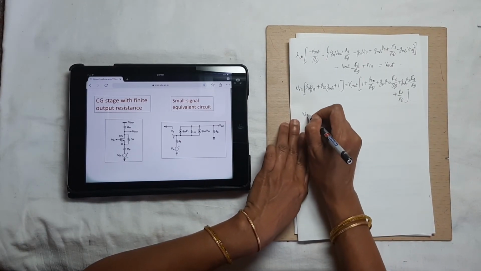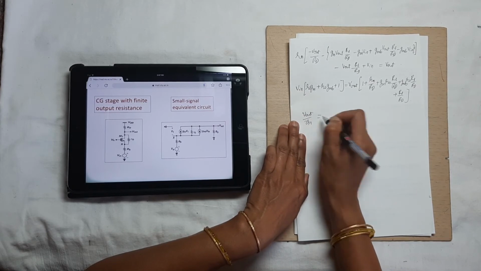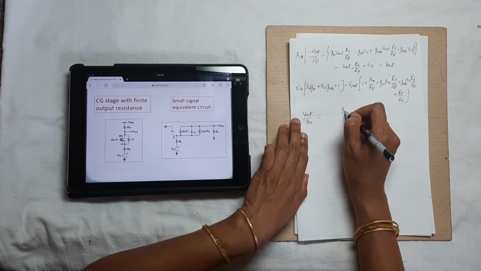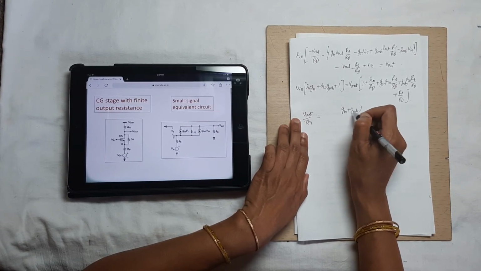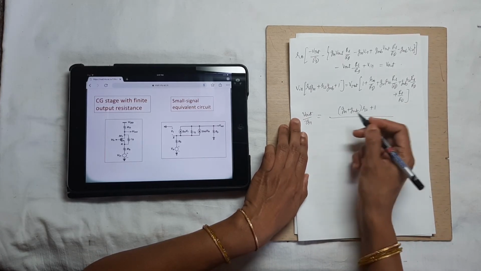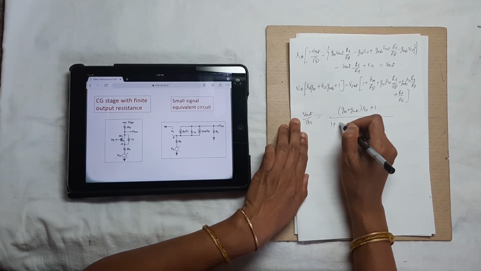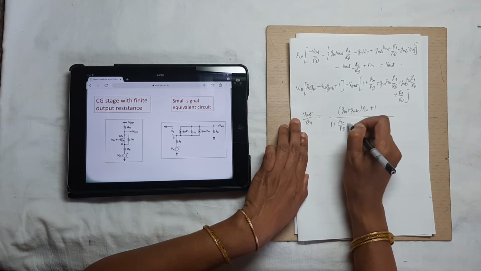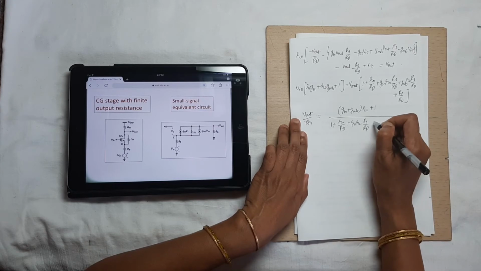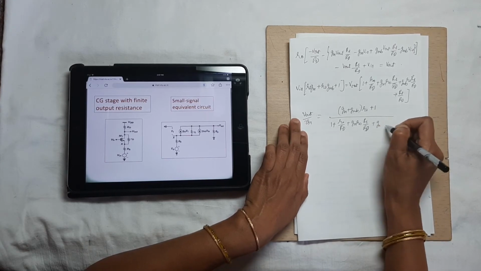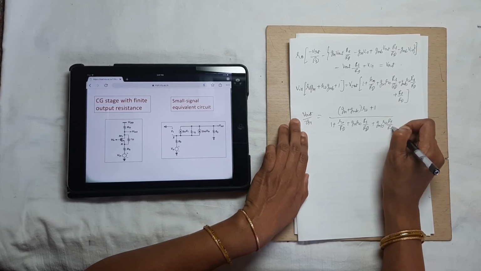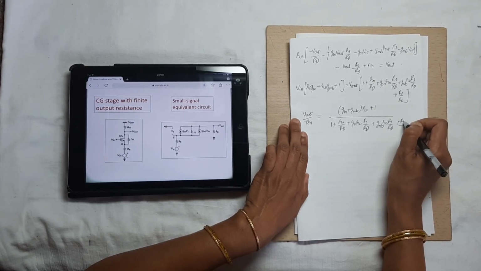Now V out by V in is equal to GM plus GMB RO plus 1 divided by 1 plus RO by RD plus GM RO RS by RD plus GMB RO RS by RD plus RS by RD.